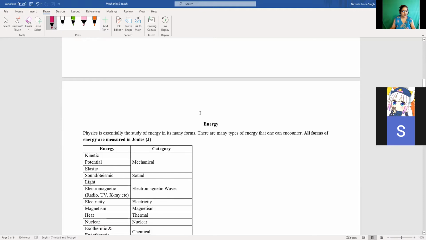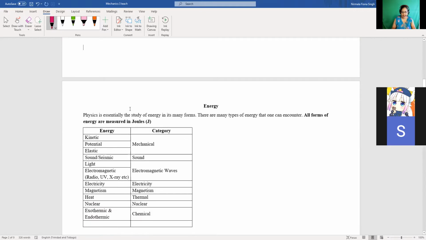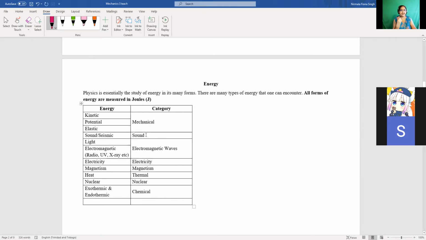Moving on to energy. I like to say this, and it is not something you're going to find in a textbook: physics is essentially the study of energy. That is all it is. If you come down to the very basics and somebody who is a non-science person asks you, what is physics? I remember my grandmother asking me what subject I was teaching, or what I was doing a degree in.